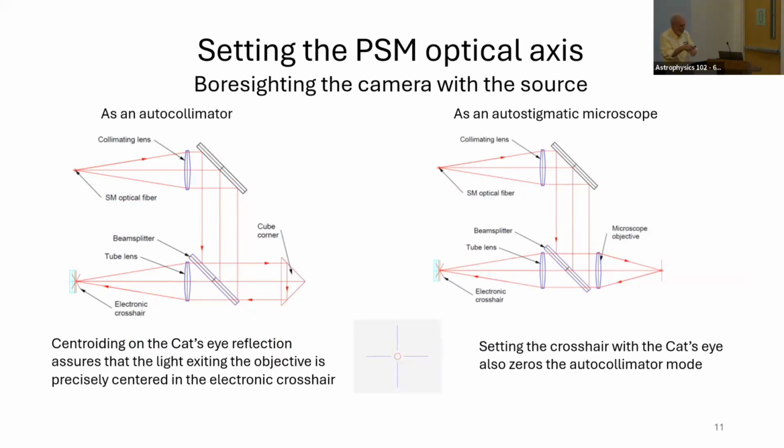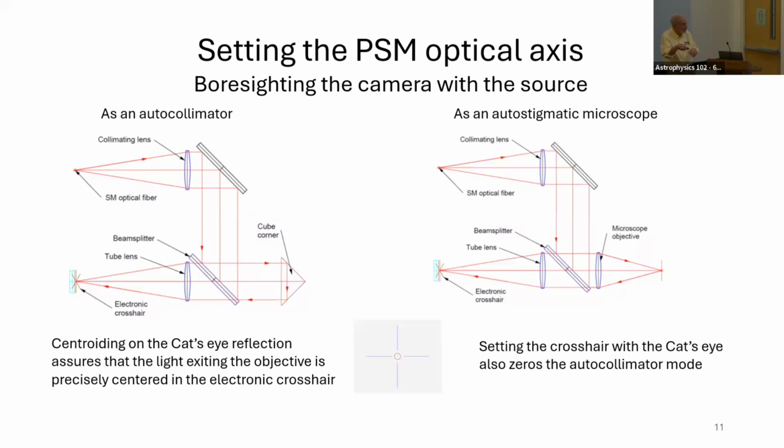This just has to do with the whole idea of how you set the electronic crosshair. If you're using it as an autocollimator with no objective, you have a corner cube out here. Use that to centroid on the spot, which will then be exactly conjugate with the source. Or it's the autostigmatic microscope with the objective. Again, focus on a surface here.